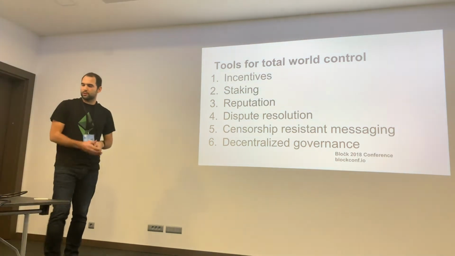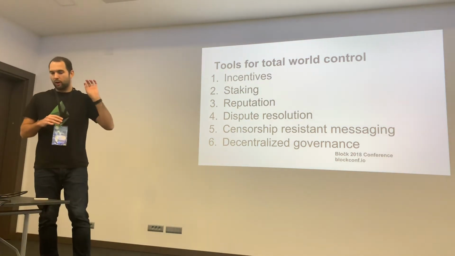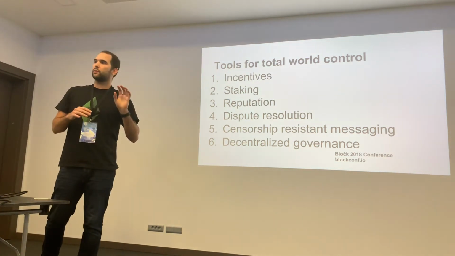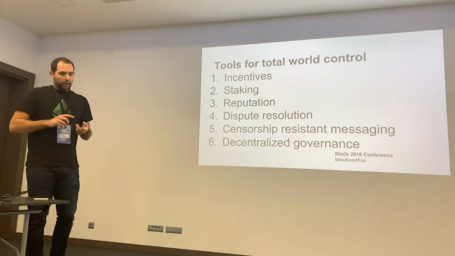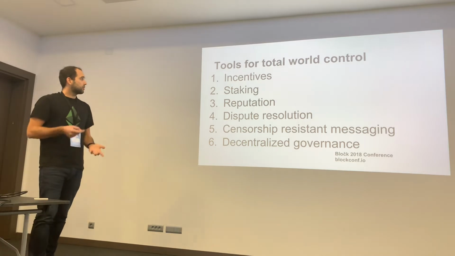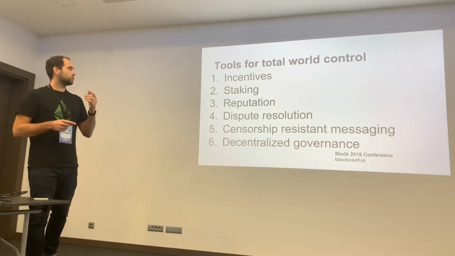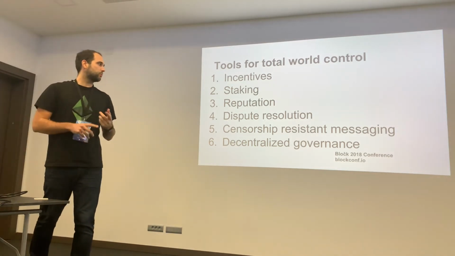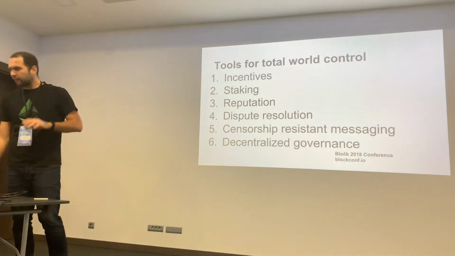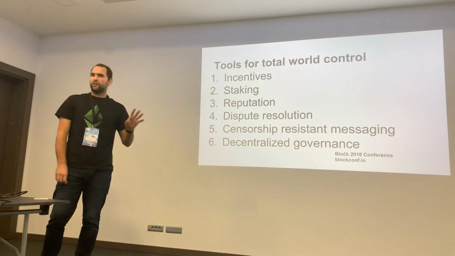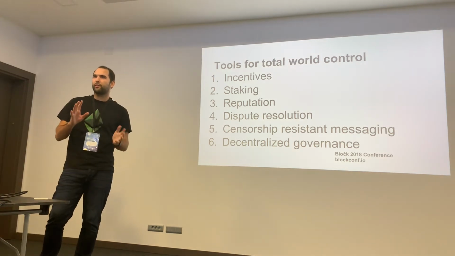So these are the tools for total control of smart contracts. We're giving them this power by using all of these things: incentives, staking, reputation, dispute resolution, censorship-resistant messaging, and decentralized governance. And I'll explain now what each of these means, how they work, and why they are important.